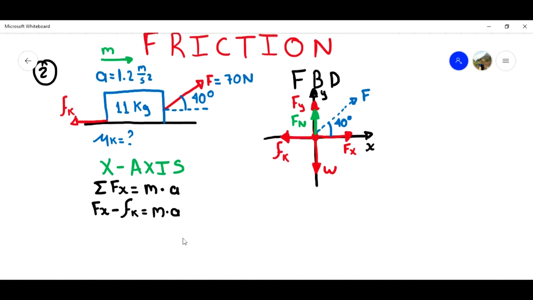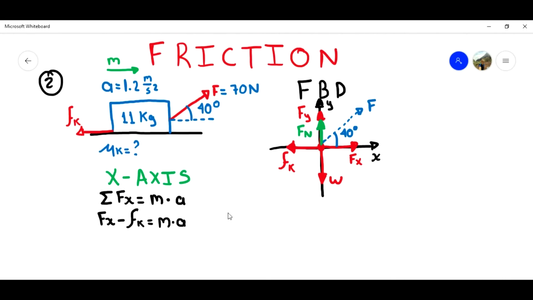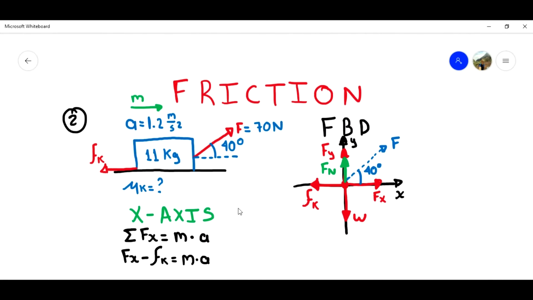Okay, so I need to find the coefficient. Remember that the friction force has a formula, and that formula is this one. Kinetic friction force equals the coefficient of the kinetic friction force times the normal force.